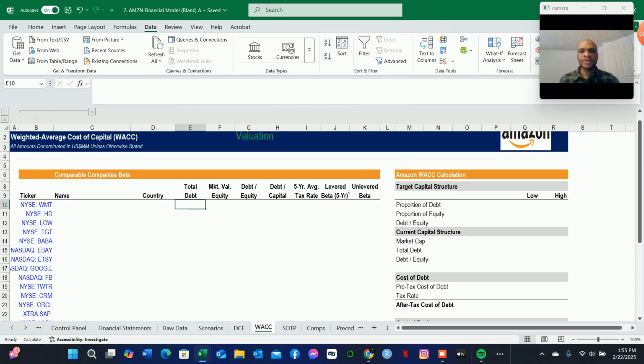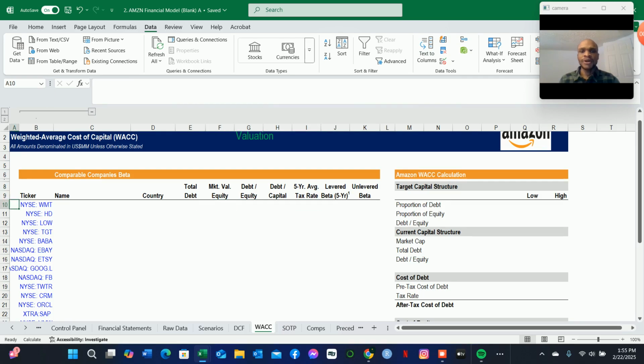We have the total debt, which we're going to bring in from our comparable companies tab. We have the market value of equity, and then we later use these metrics to determine the total debt to equity and the total debt to total capital. And then we have the tax rate, the 5-year average tax rate for each company.